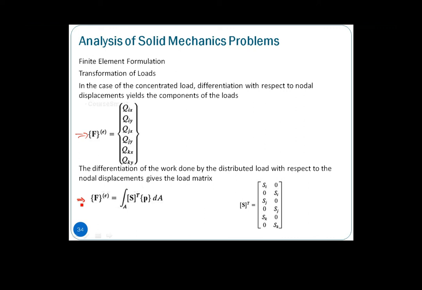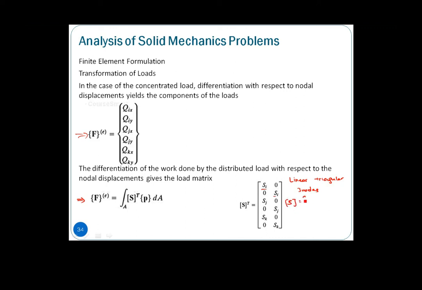the transpose of the shape matrix, the shape functions, as you have seen here. If we are using a linear triangular element, it has 3 nodes, so we have our shape functions.